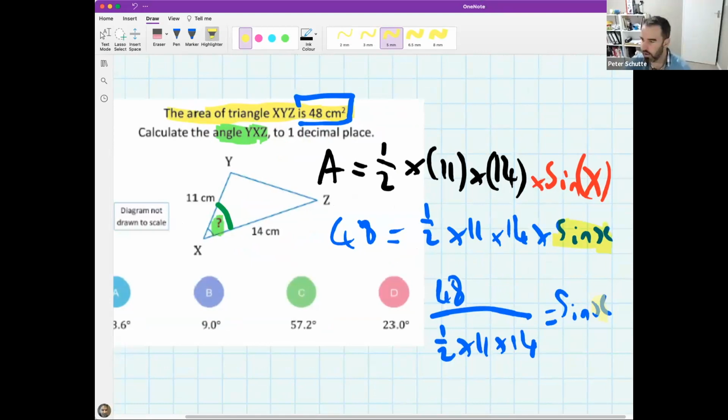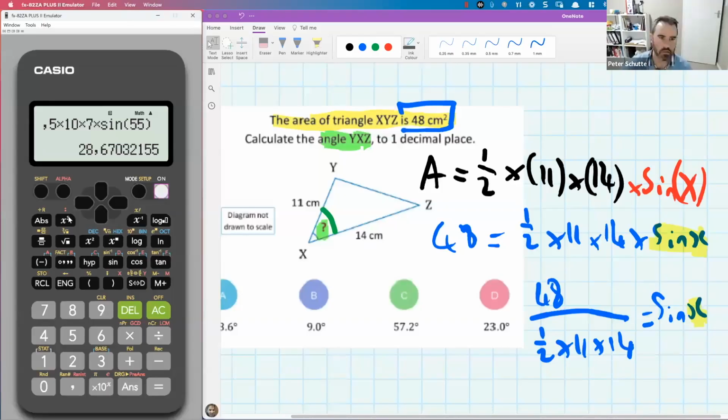Maybe I should show my calculator to help you here. Let me show my calculator. Can you see the calculator? Yeah. So we go shift sine fraction.